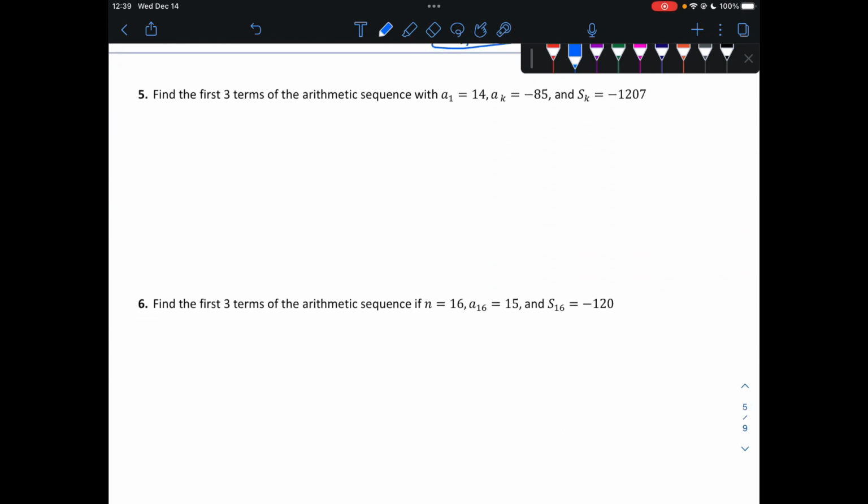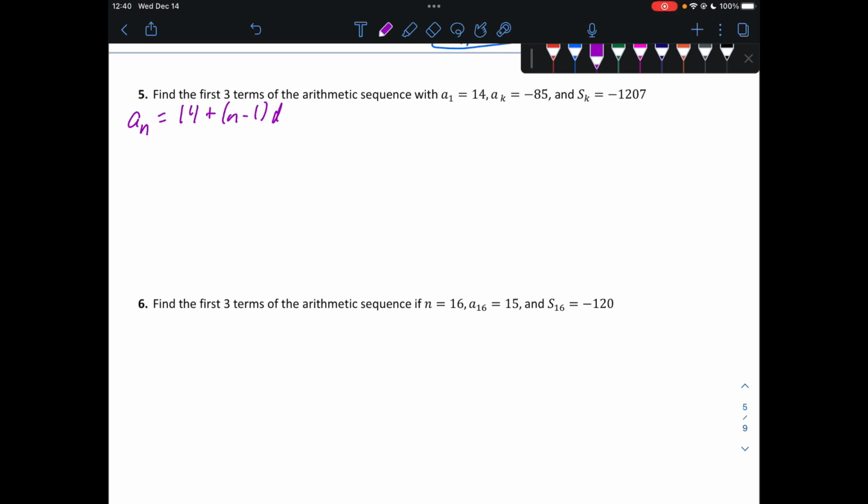All right, number 5 says find the first 3 terms of the arithmetic sequence, given that a sub 1 equals 14, a sub k equals -85, and s sub k, the sum of the first k terms, is -1207. So let's just start with what we know here. I know a sub 1 is 14, right? So when I write my equation out here for the nth term, I would get 14 plus n minus 1 times d.